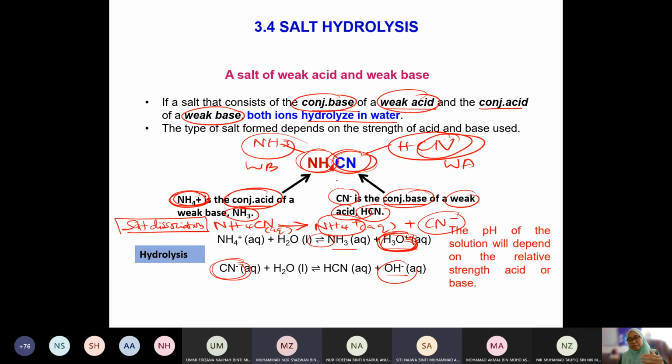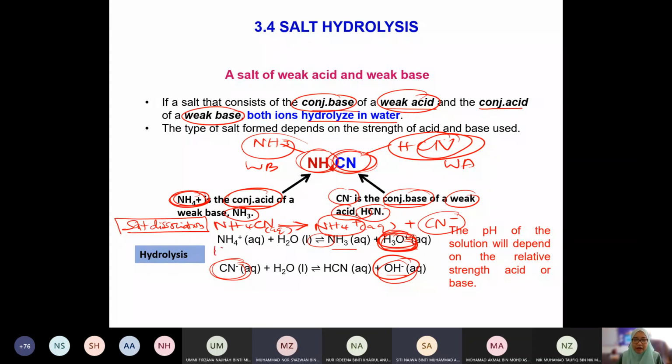We have an extension of steps here, which we don't have for the previous salt, but we are not going to cover that one. But I am showing you that in order to determine which one is more dominant, we have to consider the Ka and Kb.